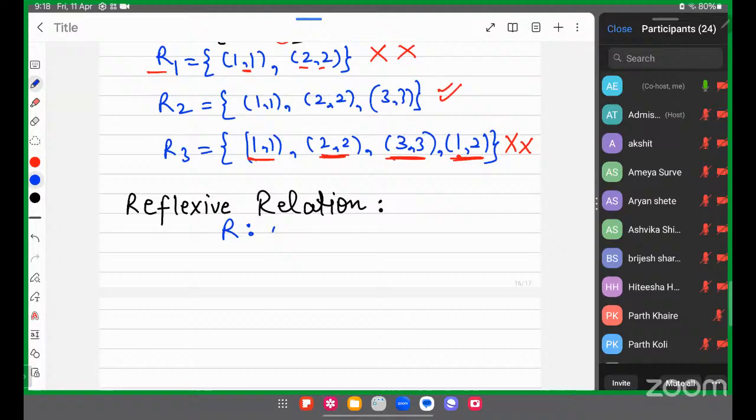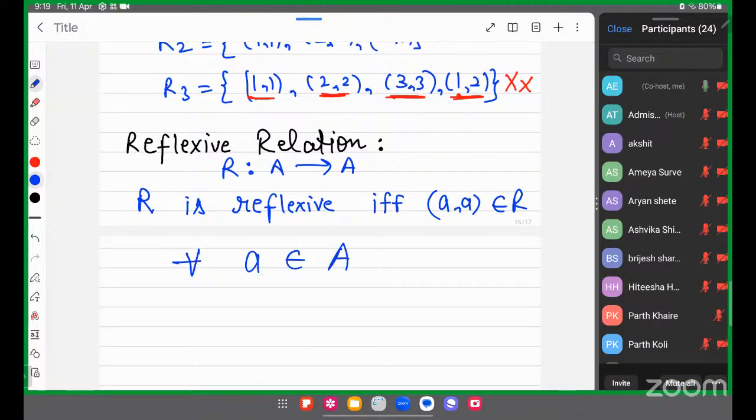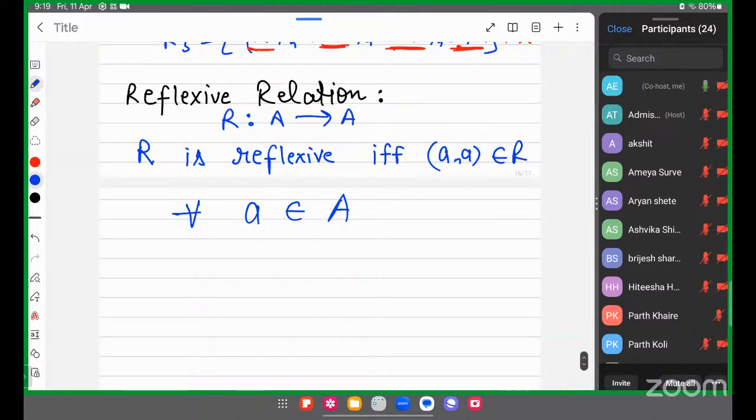If we have a relation R defined from set A to set A, then relation R will be reflexive if and only if (a, a) belongs to relation R for all elements of set A. If I convert it into words, it will be like this: a relation R will be a reflexive relation if all the elements of set A are related with itself.